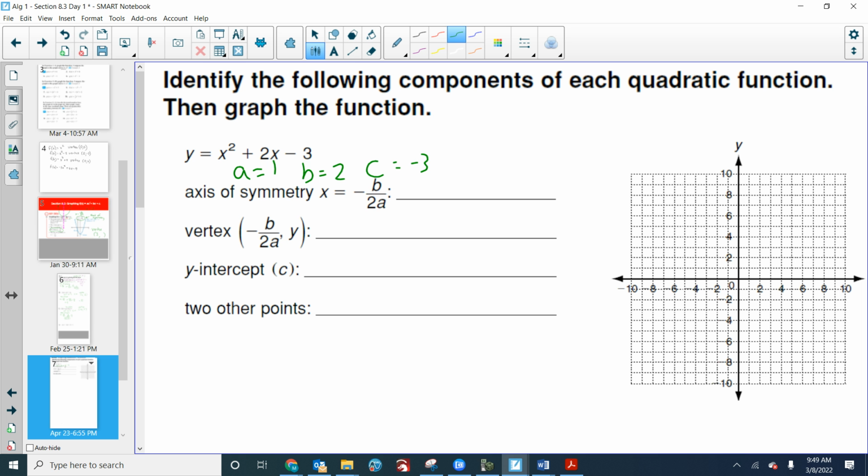Let's see. Everybody agree with my line of symmetry? Axis of symmetry there? Everybody agree? Okay. We already have half our vertex, don't we?